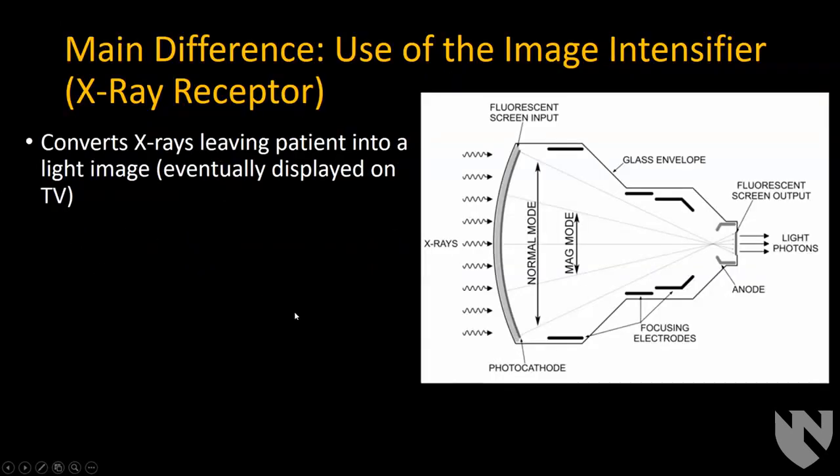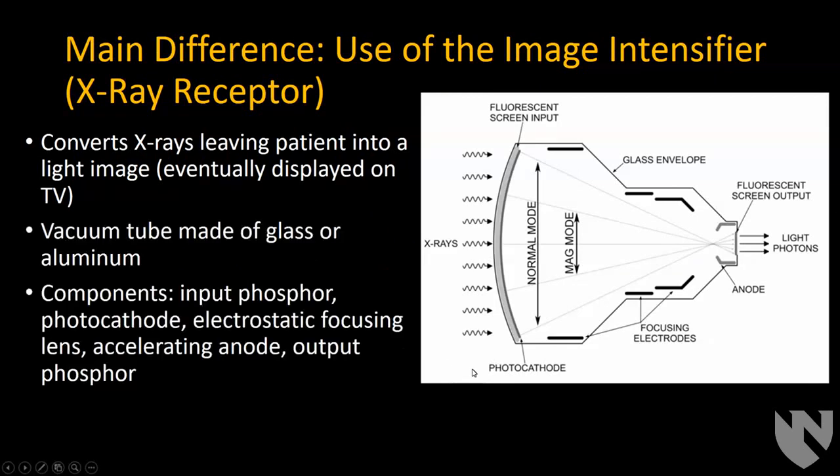Okay, so the main difference between an X-ray and a fluoro unit is the image intensifier, which is the receptor. It converts the X-rays that go through the patient into a light image that gets displayed on a TV. Traditionally, this is the analog version, a vacuum tube made of glass or aluminum; systems are now going digital.